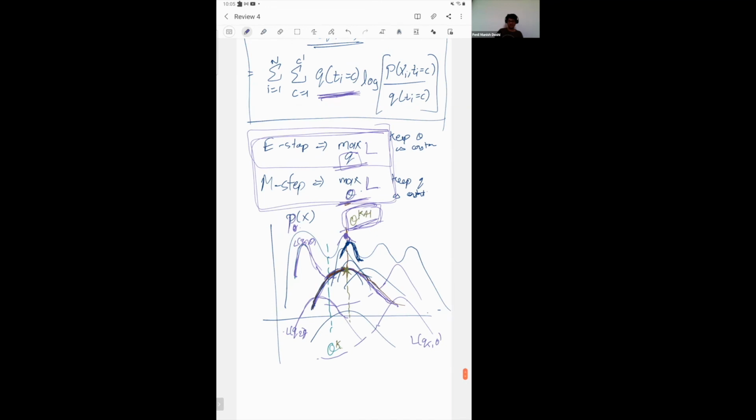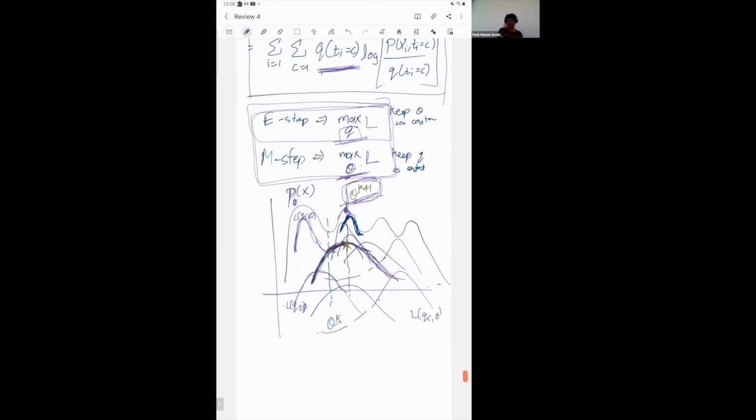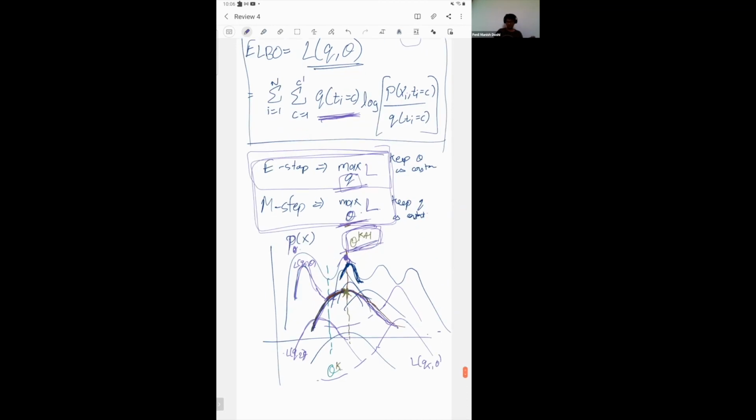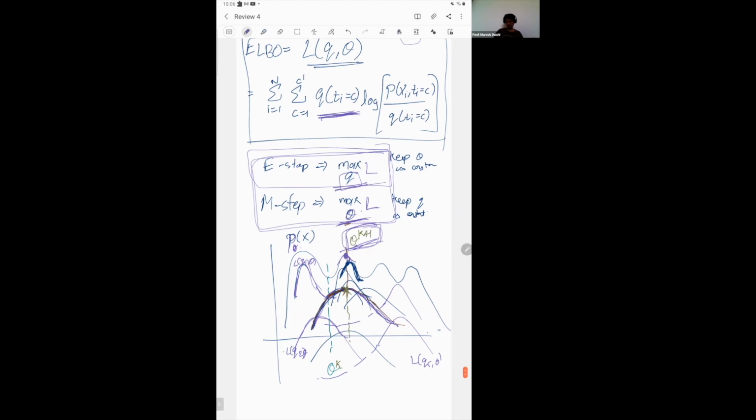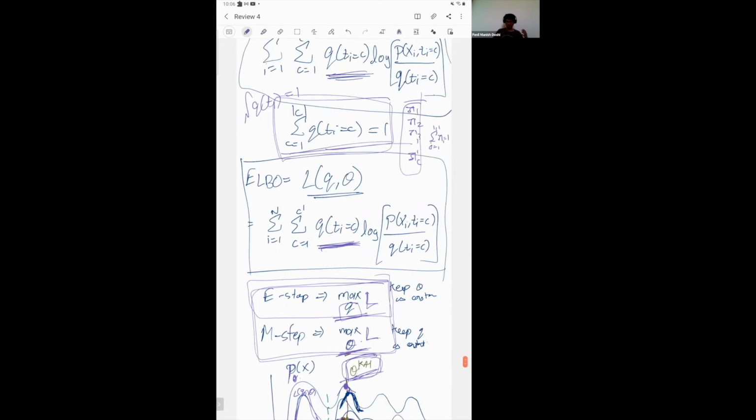I think Jay, you had asked a question about where we would optimize over functions and consider different functions previously. If T is a continuous variable and you want to maximize this through proper mathematical steps, you can plug this into some functional calculus formula and get your best function Q. This function Q would obviously be a PDF, a density function, because we need to ensure this constraint.